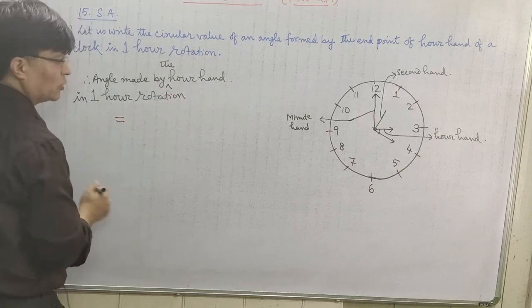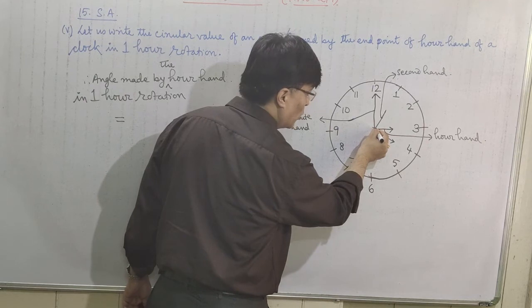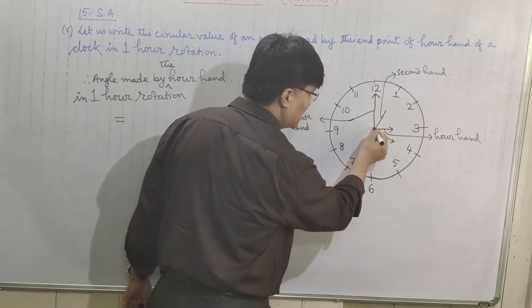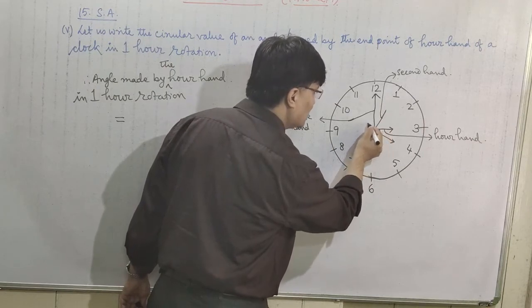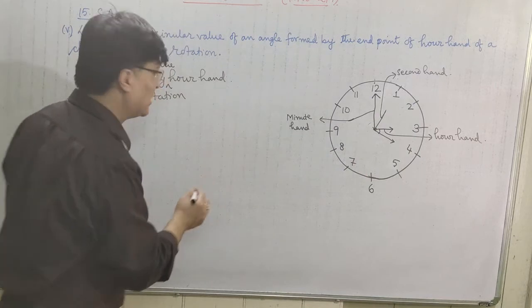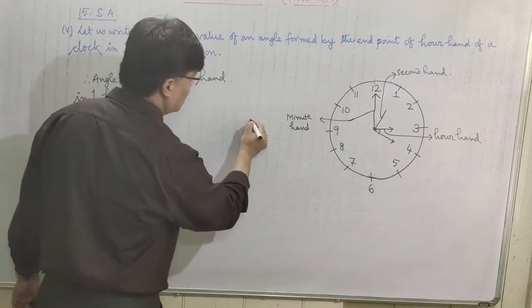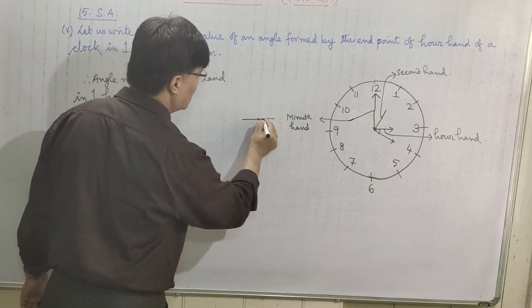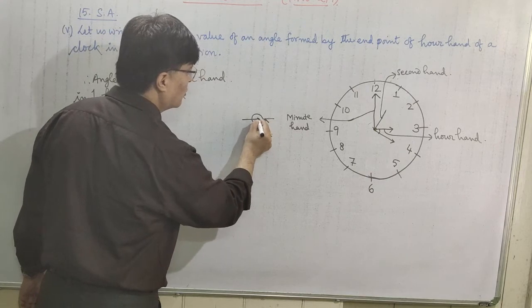is equal to, so this is the point, this is the center. What is the angle about the center? It is 360 degrees. Suppose this is a line and this is a point, what is this whole angle about this point?